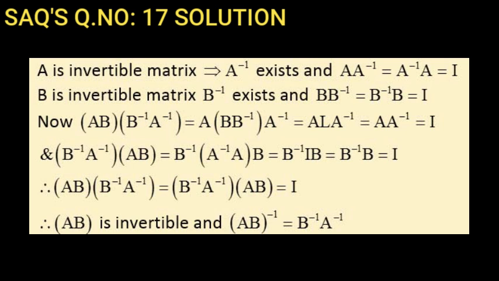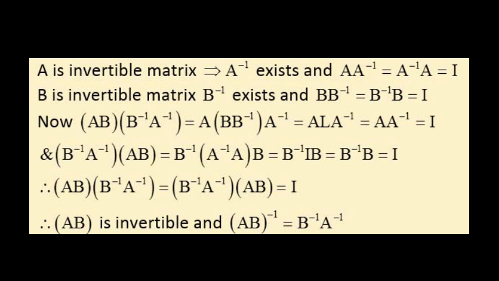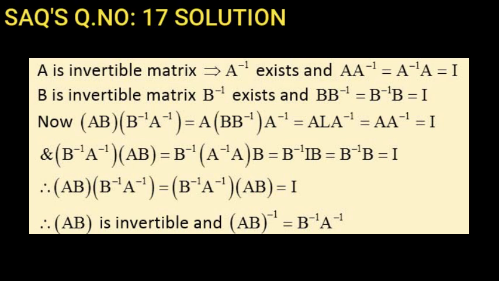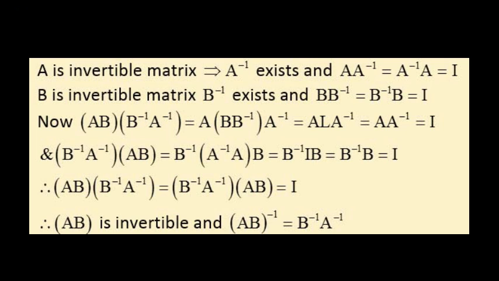Again, rearranging the terms, we get B inverse B is equal to I. Therefore, by the definition of inverse of a square matrix, if AB is equal to BA is equal to I, then B is equal to A inverse. Therefore, here AB into B inverse A inverse is equal to B inverse A inverse into AB, that is equal to I. Therefore, AB is invertible and (AB) whole inverse is equal to B inverse into A inverse.